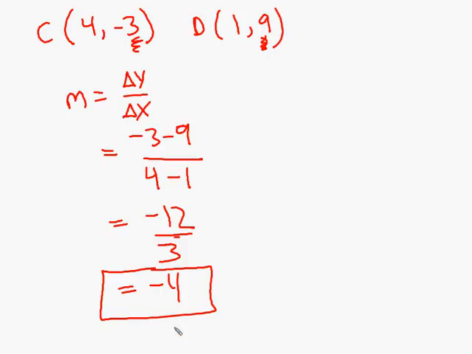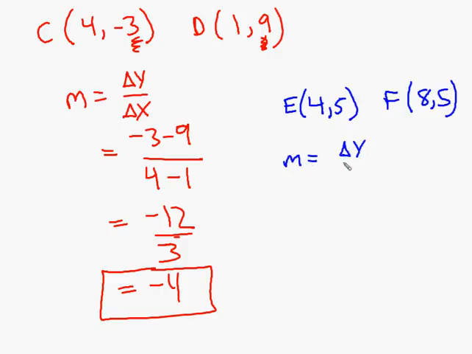Any questions on how to find slope? All right, now let's do this one. What if I had point E is 4, 5, and point F is 8, 5. And I'm finding the slope.